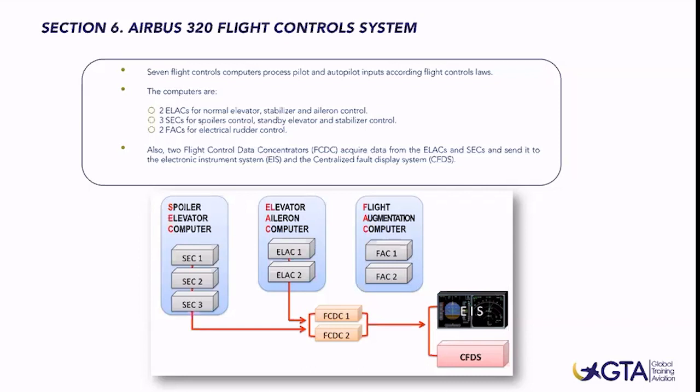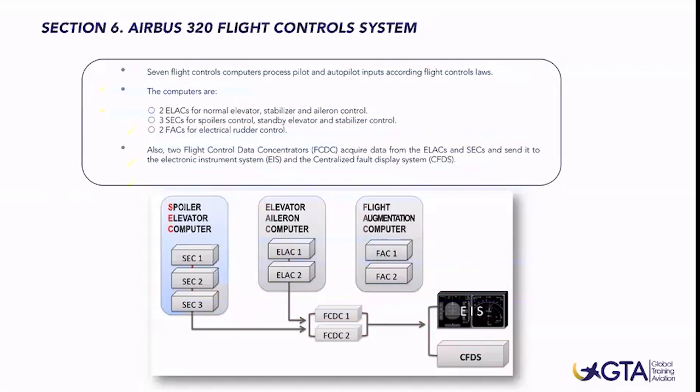And we also have 2 flight control data concentrators, which acquire data from the ELACs and SECs and send it to the EIS, electronic instrument system, centralizing all the information from those 7 flight control computers, represented in our PFD and navigation display.